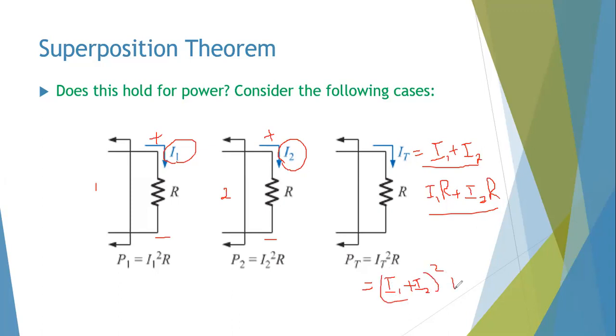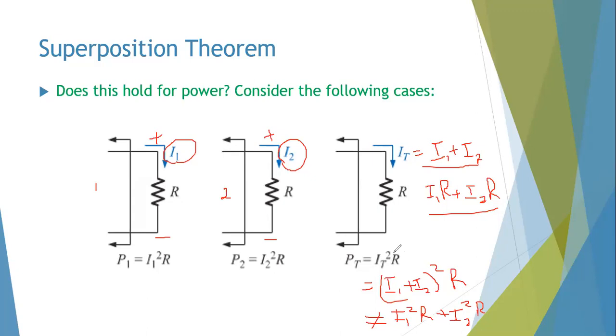You square it and then multiply by R. From mathematics, this is not equal to I1 squared R plus I2 squared R. If you expand it, you get something different, simply because you have a term which is 2 times I1 times I2. Expanding this gives I1 squared R plus I2 squared R, that's fine, but the third term is 2 times I1 times I2. This shows us that you can't apply the superposition theorem for power, because you have a squaring here. The squaring is a non-linear operation.